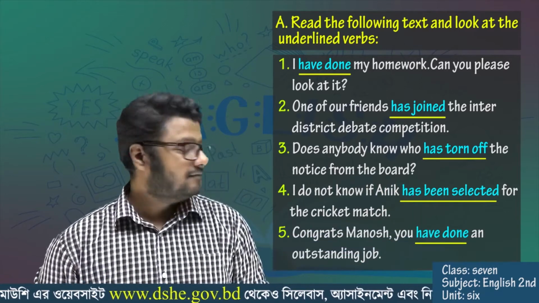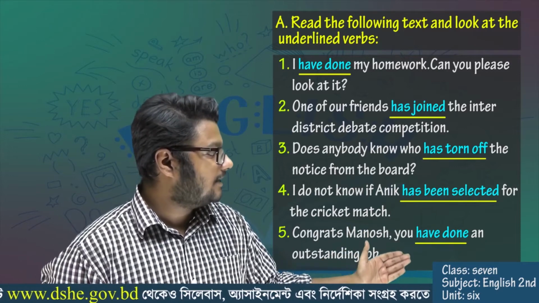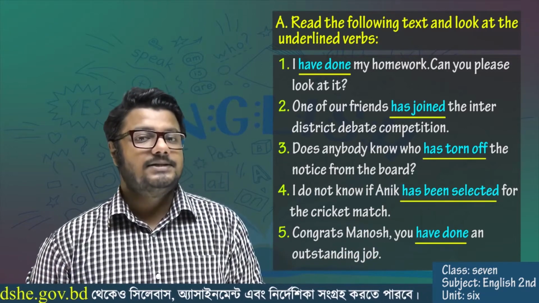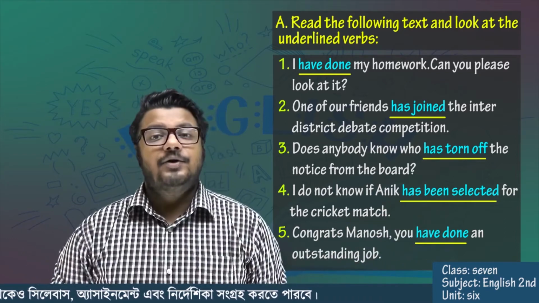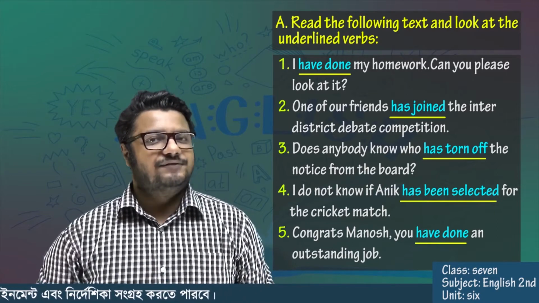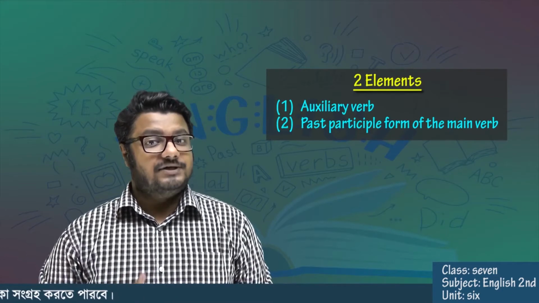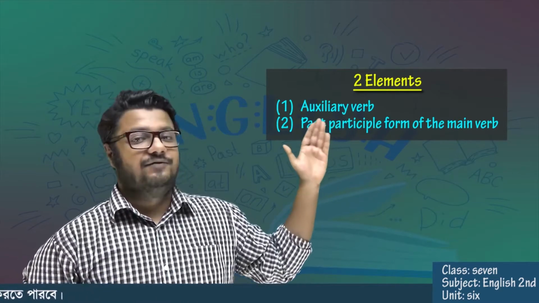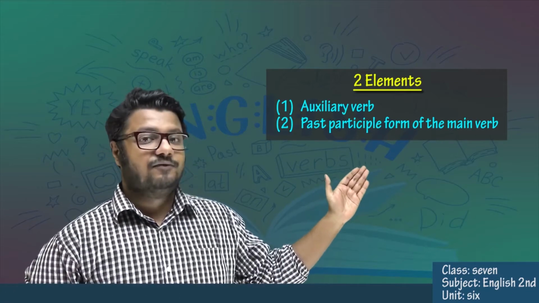And number 5. Congrats Manush, you have done an outstanding job. In this sentence, the underlined verb is have done. Now, if we look at the underlined verbs, we will see that all these verbs have two elements. The first element is the auxiliary verb, and the second element is the past participle form of the verb.